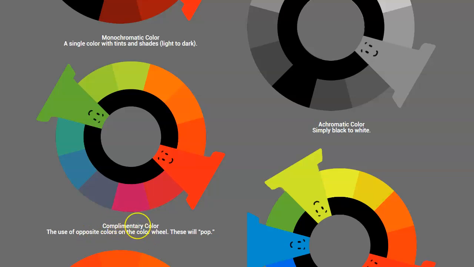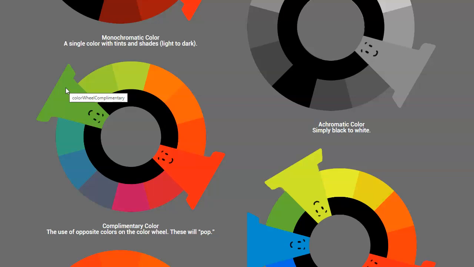Complementary color scheme. Basically, you choose colors that are on opposite sides of the color wheel from each other. So, for example, you could take red and green, or purple and yellow, or blue and orange. Those are really popular. A lot of times you will see these colors used in advertising. You see them a lot for sports teams.